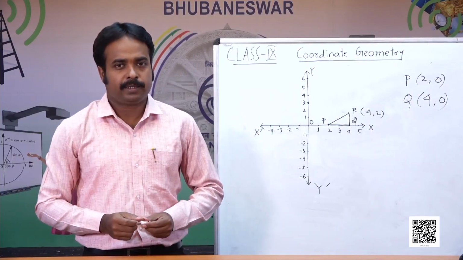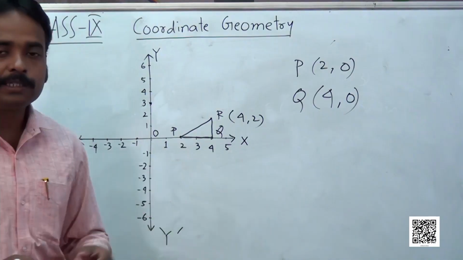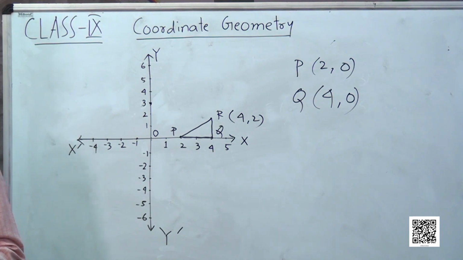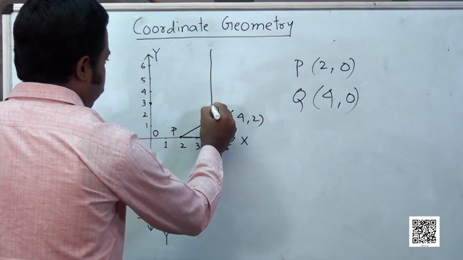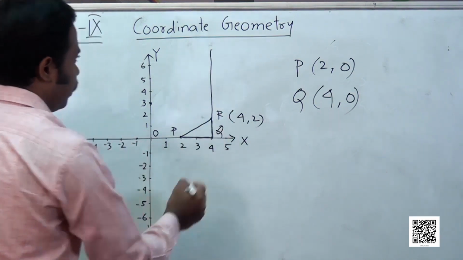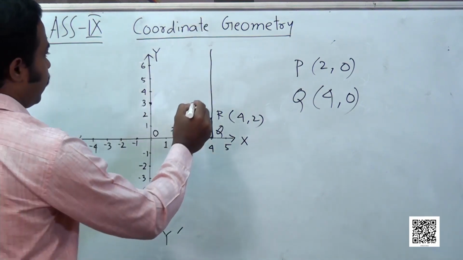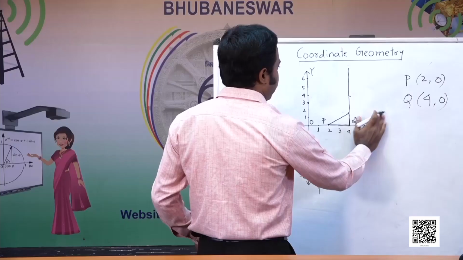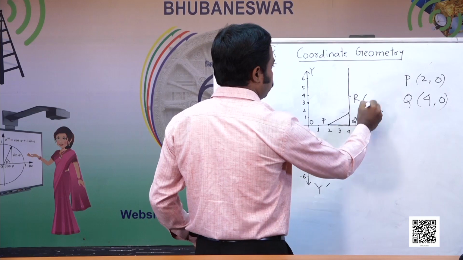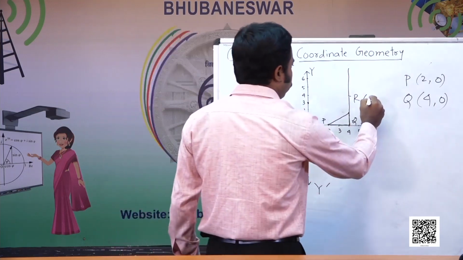But it is very clear that this R is not unique. Instead of this R, you may take any point on this line. If you take R as this, what are the coordinates of this point R? (4, 4).